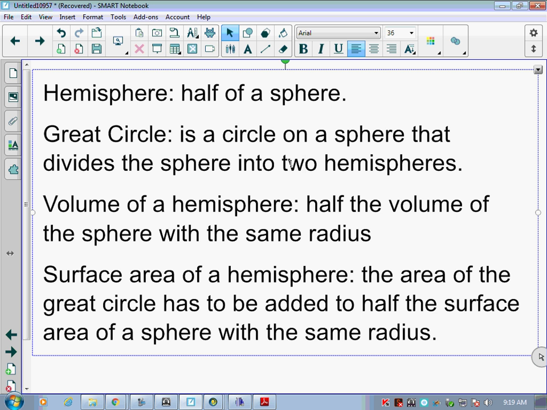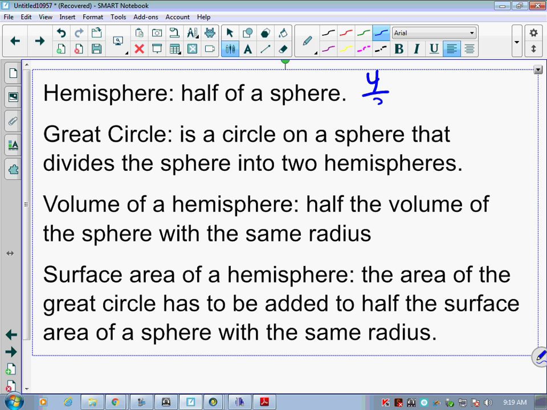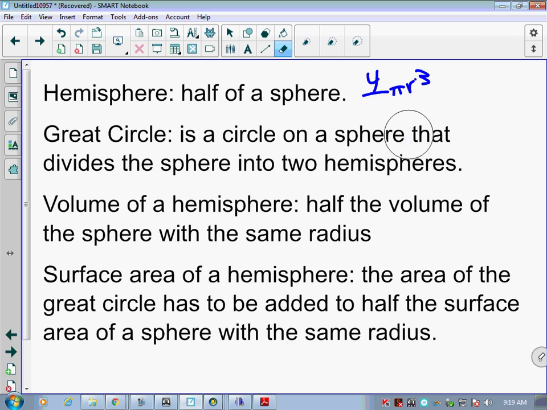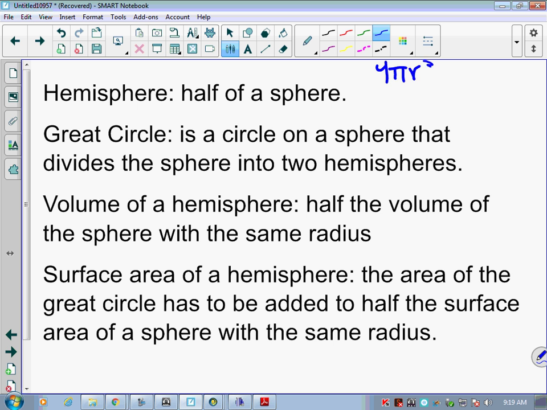How could we figure that out? Well, you're taking 4/3 pi r cubed and you're dividing it by 2, or dividing it by 2 over 1. Which means we could take 4 pi r cubed over 3 divided by 2 over 1 and end up multiplying by the reciprocal, right?